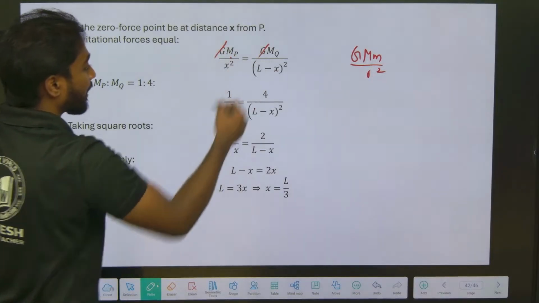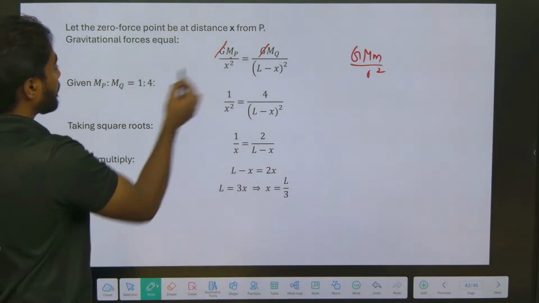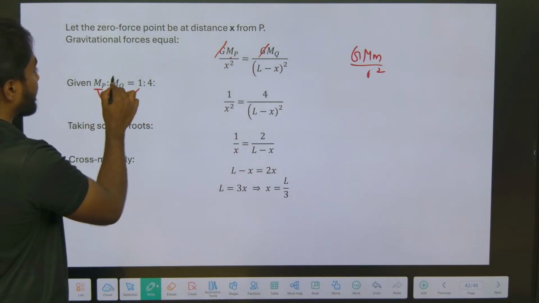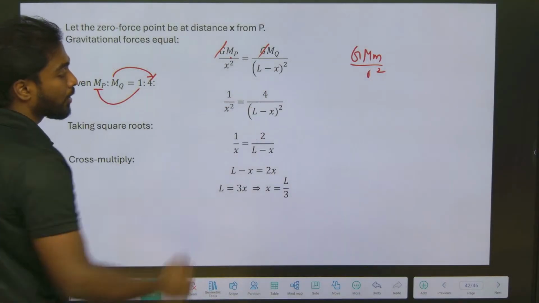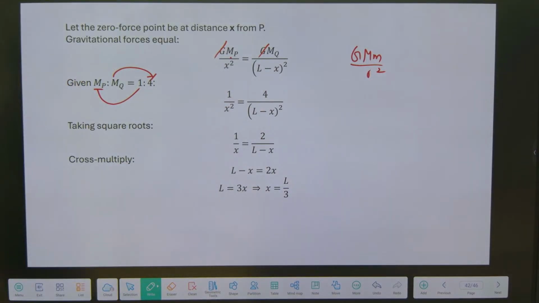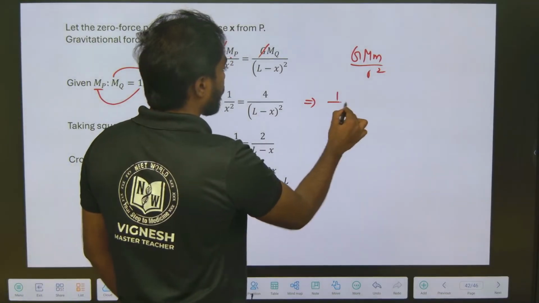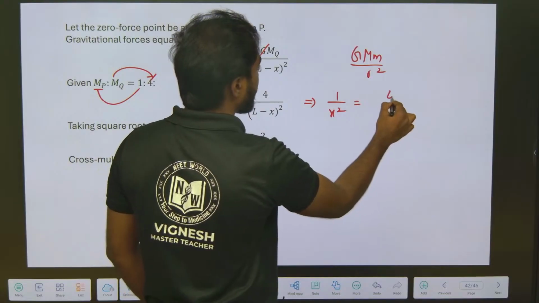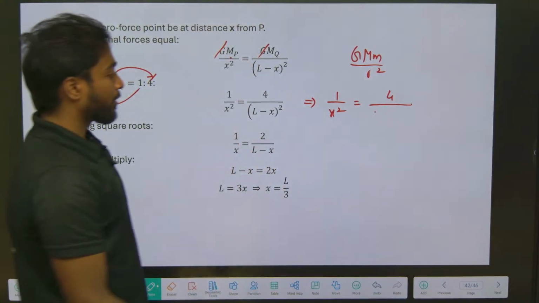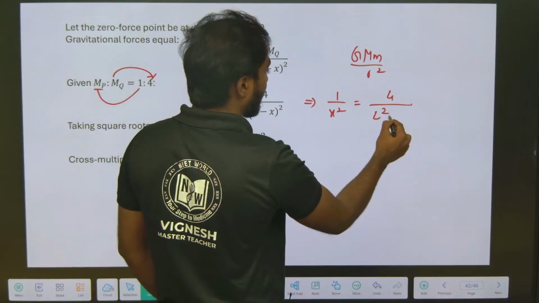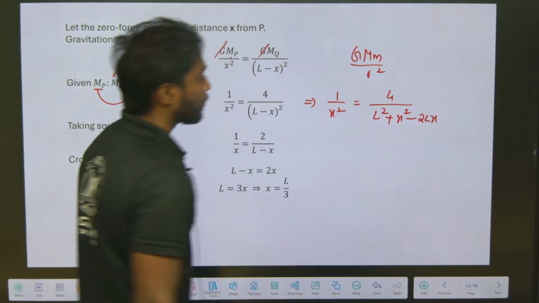Again, G and G I can cancel out. So, what are the masses they have given? Mass of P is 1, mass of Q is 4. We substitute the values: 1 by x square equals 4 by (L minus x) the whole square. If I expand this, 1 by x square equals 4 by, A minus B the whole square, L square plus x square minus 2Lx.